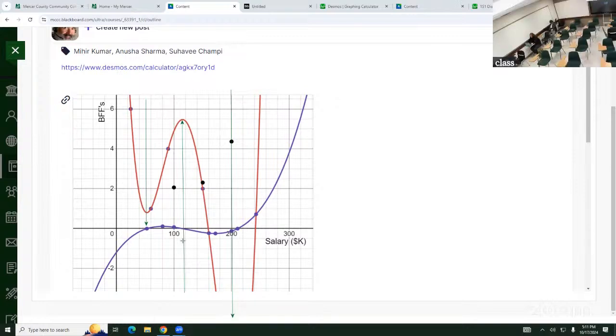Okay, so you just have to identify those 3 max and mins. Did she give you those points where they are? One of them is around 50,000, one's a little over 100, like 115,000, and the other one's 200,000. Did she give you those things? I think she did.